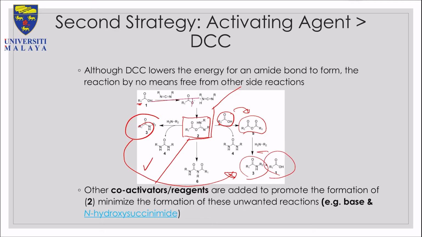So that one is just 1, 2, and 3. But now if you were to go into a different path, it will become 1, 2, 3, 4 steps. So in terms of synthesis, this is a wastage because you want your reaction to turn from a reactant to a product using the minimum steps possible.